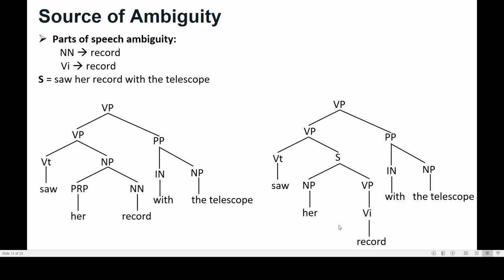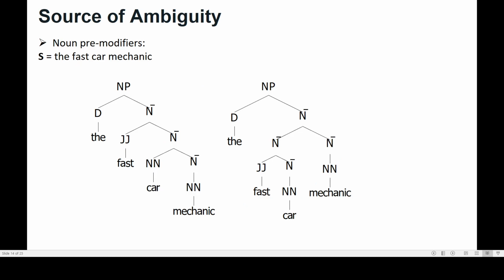That means like someone is breaking the record of hitting sixes or something, or breaking the record of goals, or breaking a Guinness record, where record is actually working as a verb.